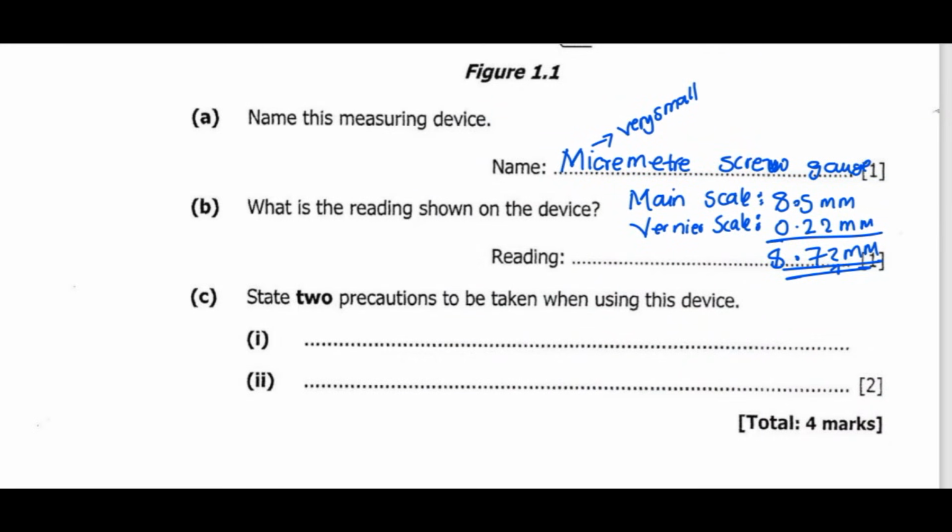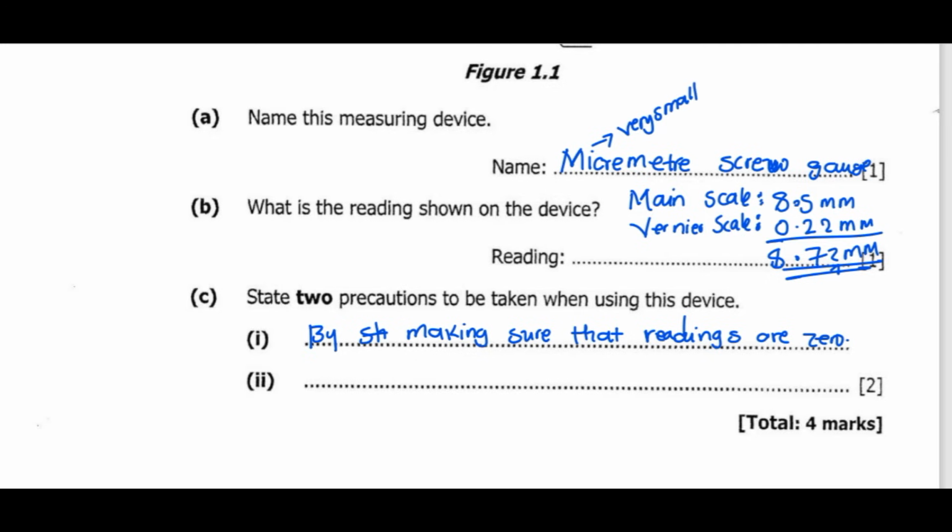Then state 2 precautions to be taken when using this device. So the first one, by making sure that the reading, before you do anything, has to read 0.